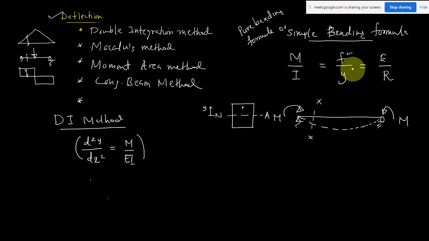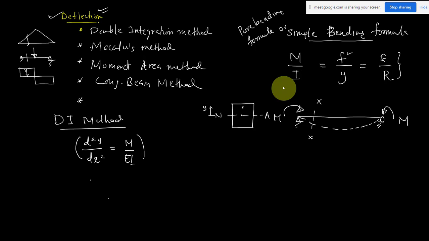But while finding the deflection, we are calculating it by using all these methods, and the entire deflection calculation is based on considering only the effect of the bending moment. So we are neglecting the effect of shear. Even in this equation, we are considering only bending.